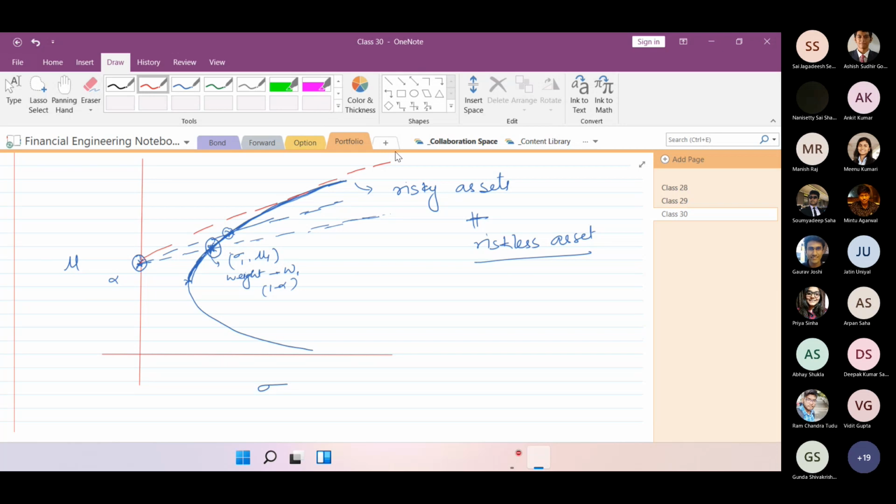If I move to something above the tangent, that would be an infeasible solution. So that line has to be the tangent one. This point where the tangent touches is called the market portfolio, and this line is called the capital market line.